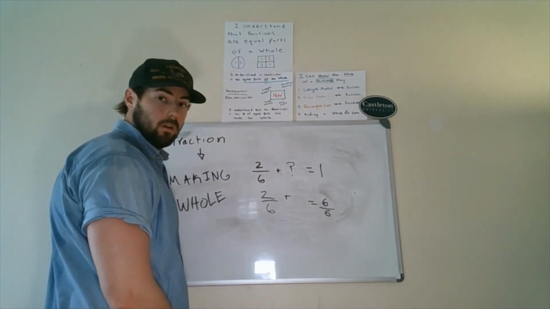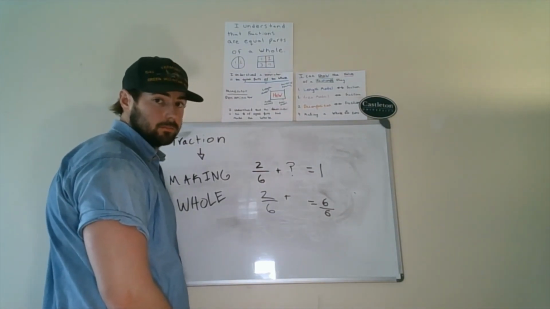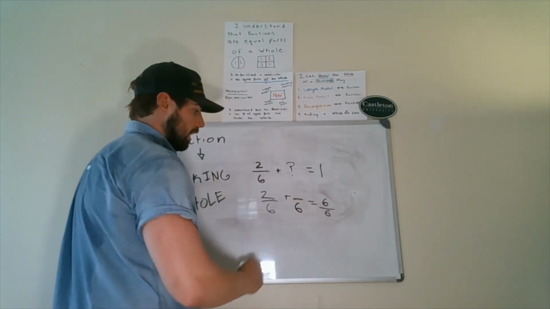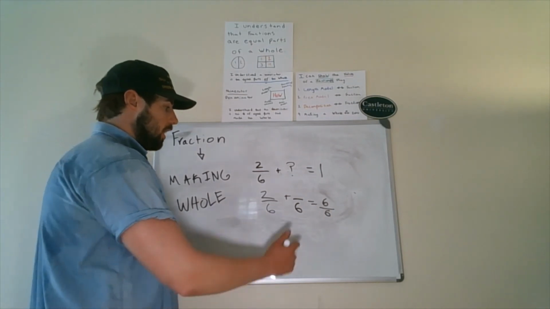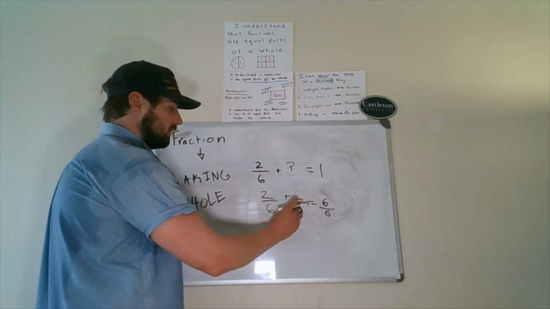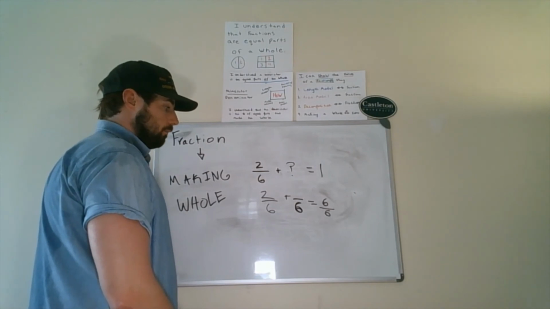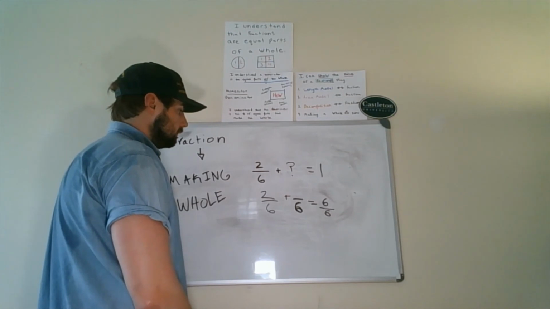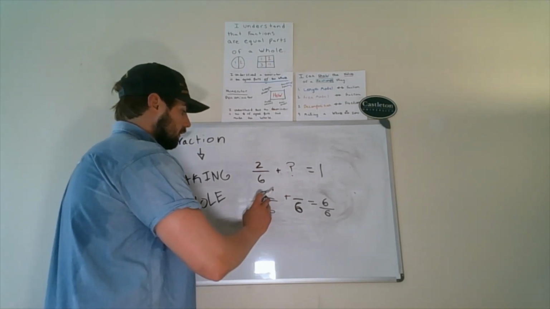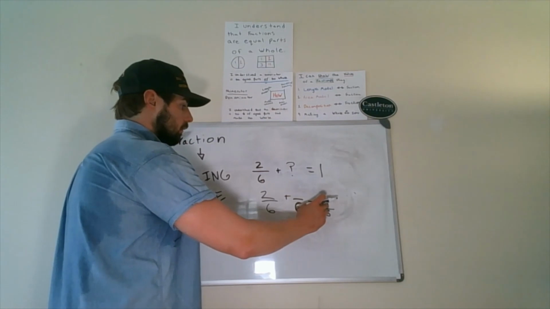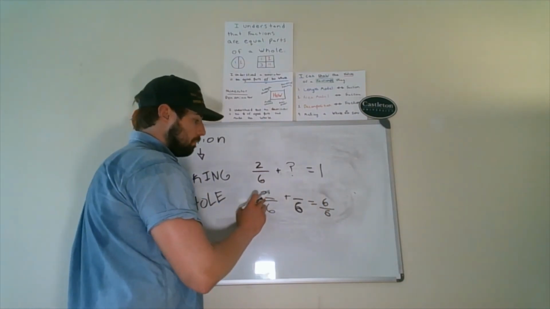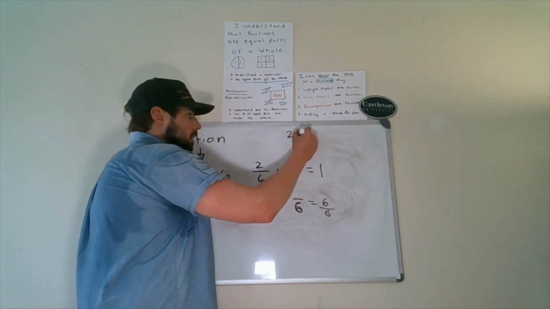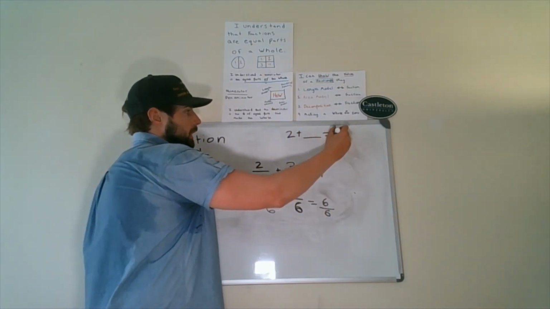We know what about our denominators? They never change. I know I need to work with 6 parts that make the whole. Sixths. 2 plus what will give me 6? 2 parts plus how many more parts will give me 6?